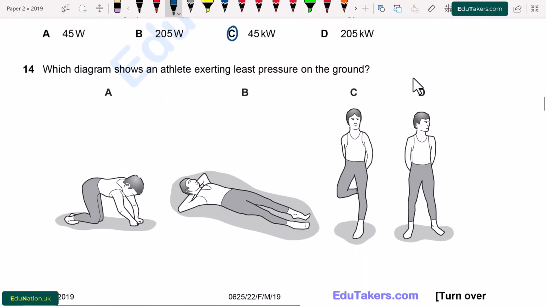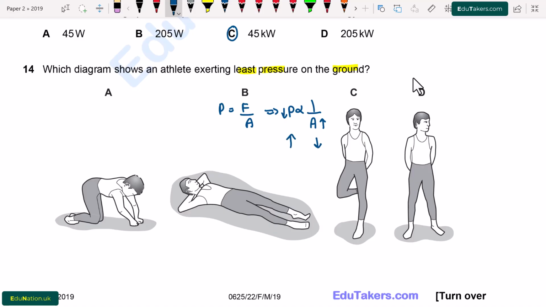Question number 14. Which diagram shows an athlete exerting least pressure on the ground? We know that pressure is equal to force over area. Pressure is inversely proportional to area. When the area is larger, pressure will be smaller, and when the area is smaller, pressure will be larger.